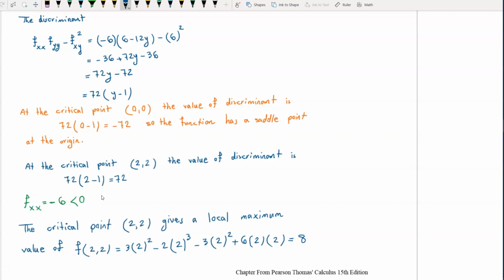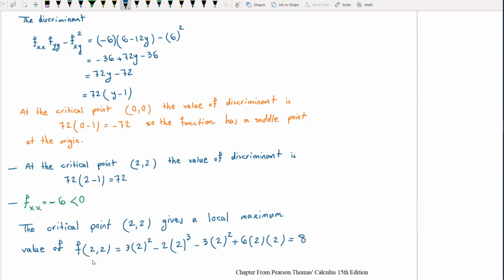And based on what we had for the second derivative of f with respect to x, it was equal to negative 6, which is a negative number. Because the discriminant is positive and this is negative, the critical point 2, 2 gives a local maximum.